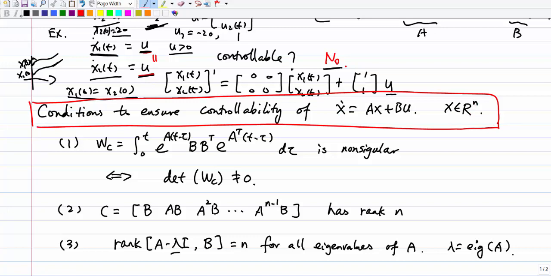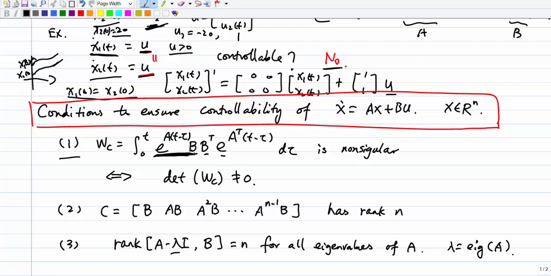So the first condition is to check this matrix called the WC matrix, which is the integration from 0 to t of e^(A(t minus tau)) B times B transpose times e^(A transpose (t minus tau)) d tau. You can break it into two components.